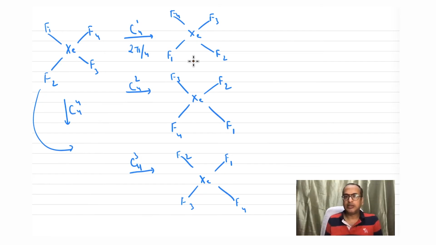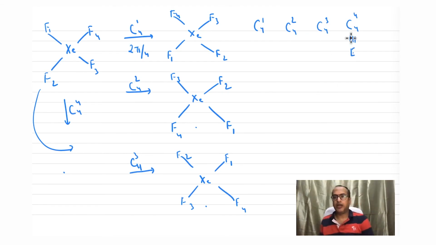So these are called equivalent configurations. This one would be an identical configuration. So C4 1, 4 operations it will give rise to, C4 3, and C4 4, which will be equivalent to identity, right? Now, if you keep on going further, C4 5, again you will go back to C4 1. So C4 5 will be 90 degrees into 5, that is 360 plus 90. So 360 is cancelled out. So this will be equal to the C4 1 operation, right? So that is very straightforward to see.